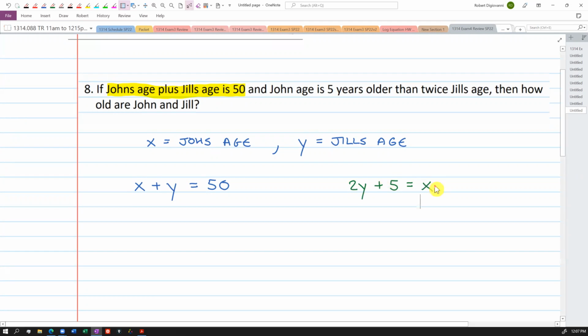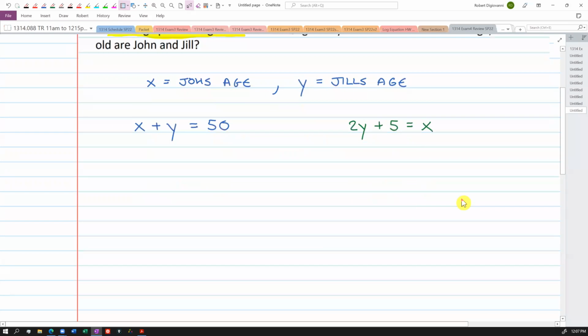So let's see if this makes sense. x is John's age, right? John's age is 5 years older than twice Jill's age. Jill's age is y. So twice Jill's age plus 5 is what John is. Make sense? All right, we have 2 equations.